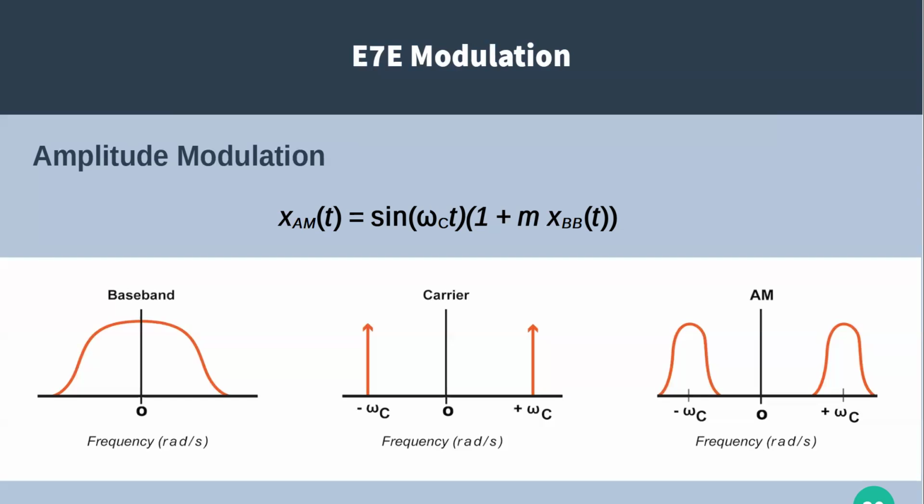The reason we do this: if you look at the whole area under the curve, there's a lot of space there, and you have a finite amount of power to transmit.